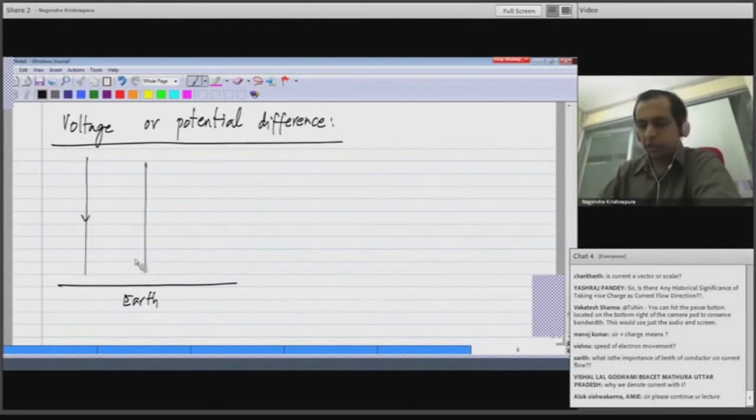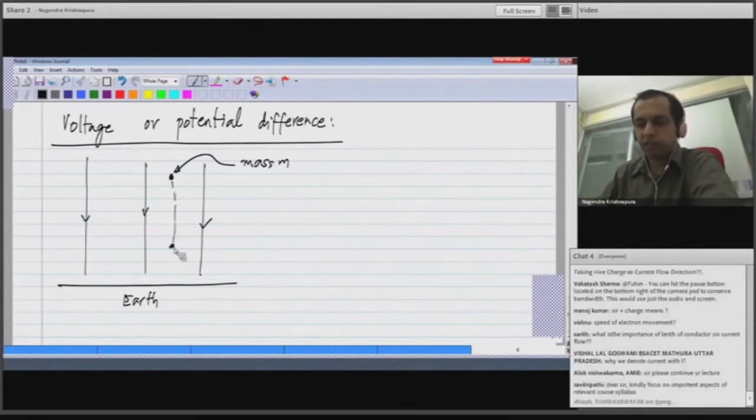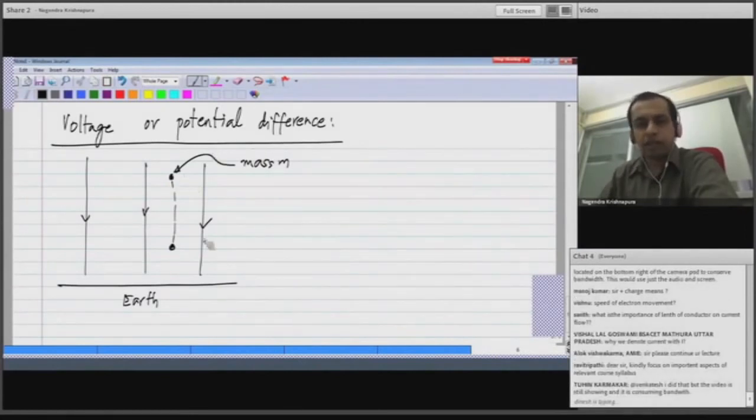Now similarly, if you have an electric field, which is usually denoted by that, and then you place a charge q, this is of course a positive charge q, it will fall. I mean, here I use the word fall not in the gravitational field but in the electrical field.